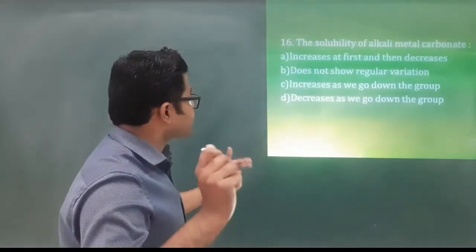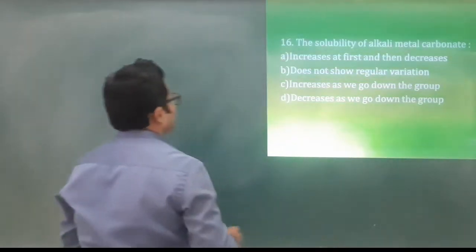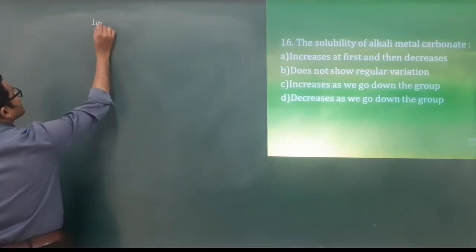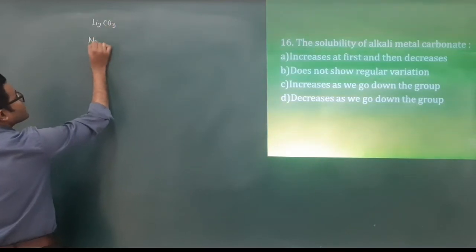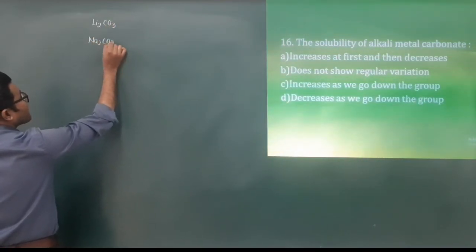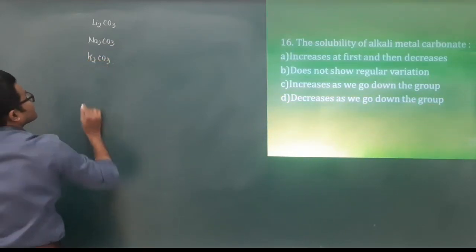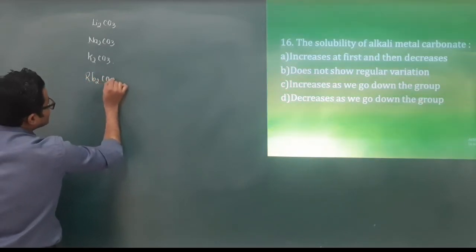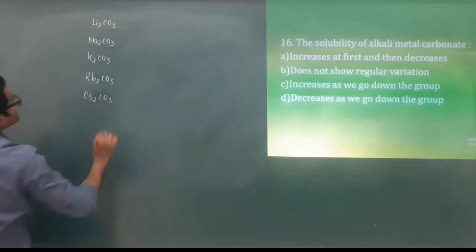Coming towards question number 16. The solubility of alkali metal carbonate. Okay, now, alkali metal carbonates. Let's take over here: lithium carbonate, followed by sodium carbonate, followed by potassium carbonate, and then we have rubidium carbonate and cesium carbonate.